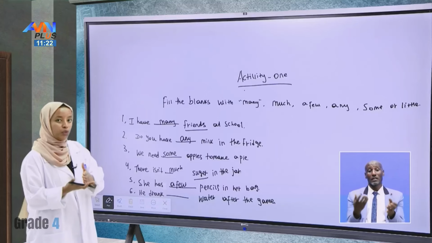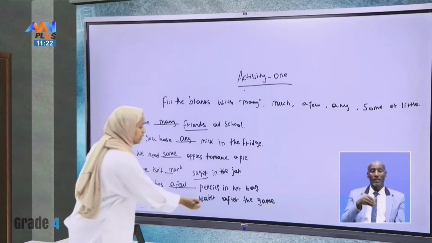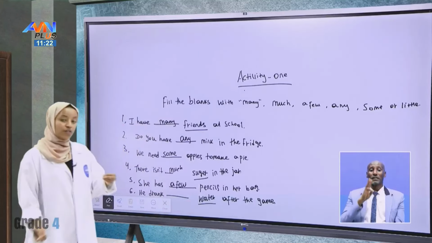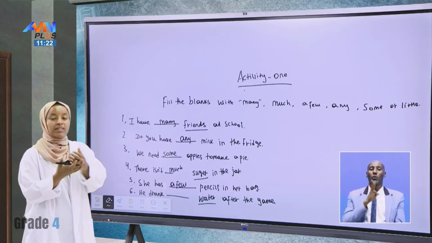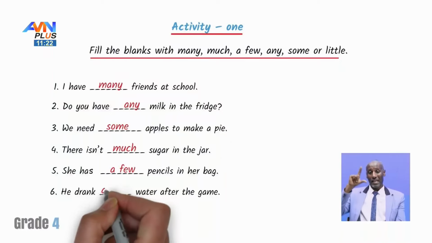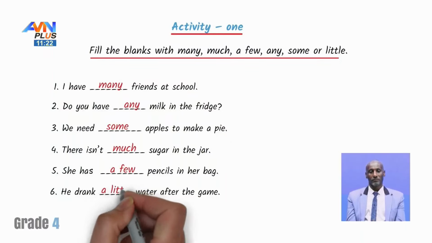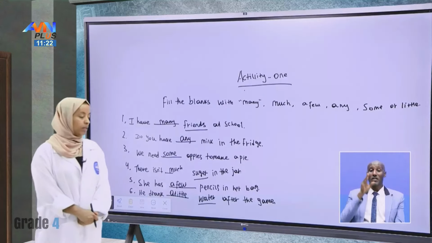This is a small amount of them. He drank blank water after the game. Water is an uncountable noun and he drank a small amount of water. So for small things, we can use little. He drank a little water after the game.